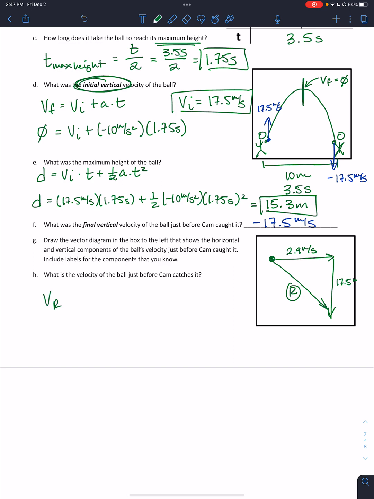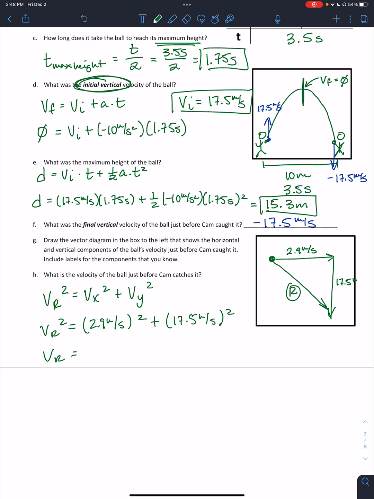So VR squared is going to be equal to VX squared plus VY squared. So we've got 2.9 meters per second squared plus 17.5 meters per second squared. If I plug that into my calculator, do the squares, and then take the square root, I find that my resultant velocity right before it hits the ground is 17.7 meters per second. And since we're pointing down and to the right, I'm just going to list southeast as my direction.